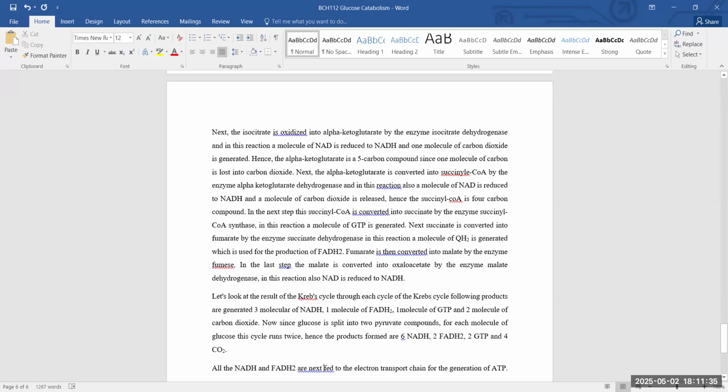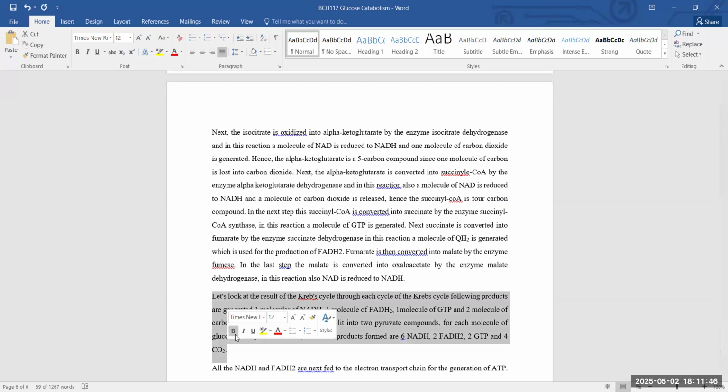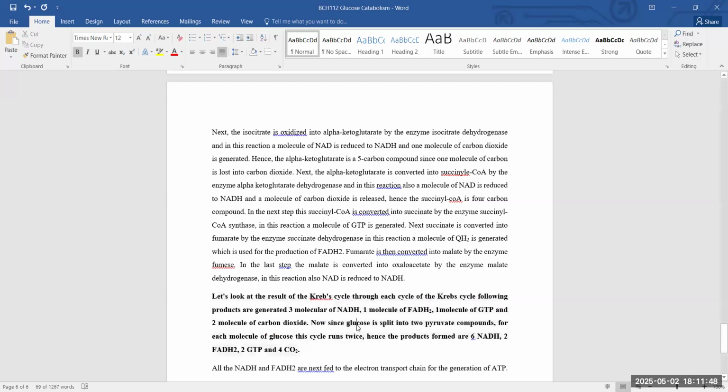Let me share. This is a summary of the TCA cycle, let me put this in bold. This one will make you recall that these are the end products of the TCA cycle. The TCA cycle did not produce only one end product like the glycolytic pathway.